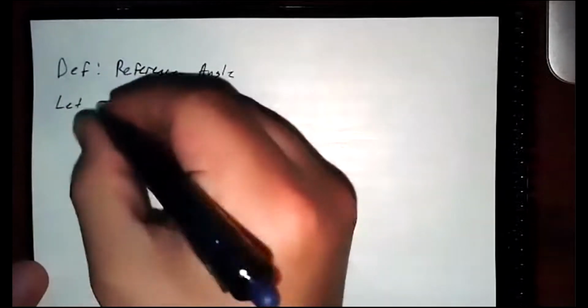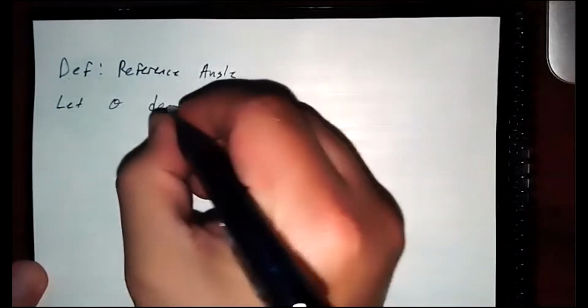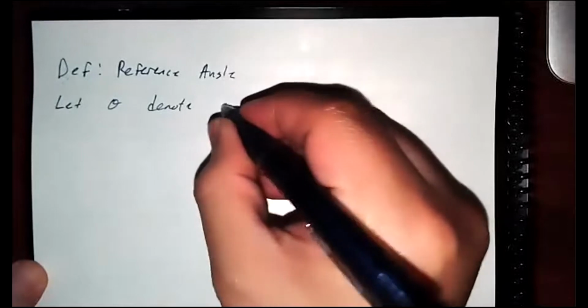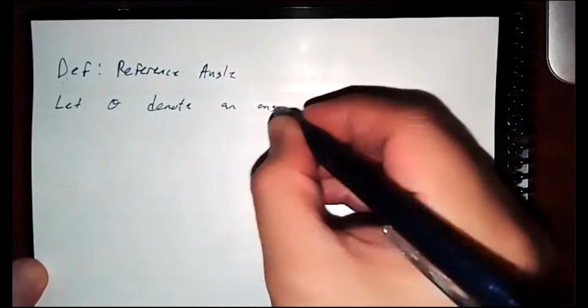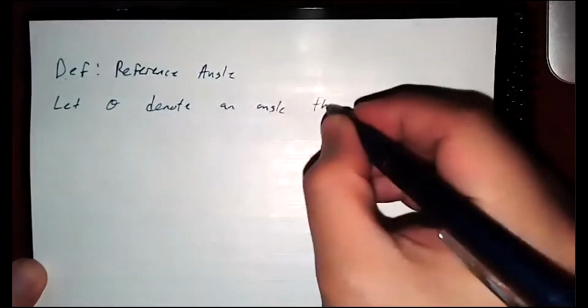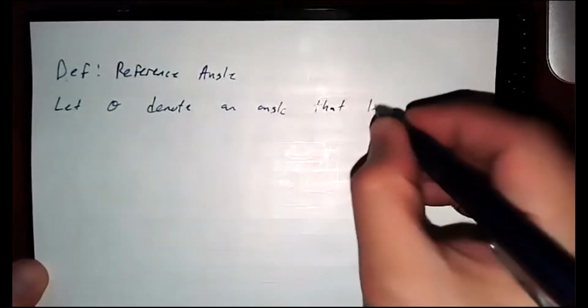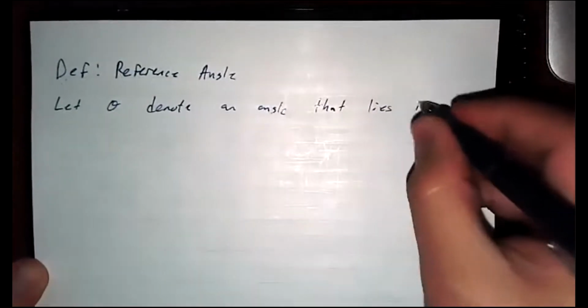So it's talking about reference angles. This is a little weird, but it's not too hard. So let theta denote an angle that lies in a quadrant.